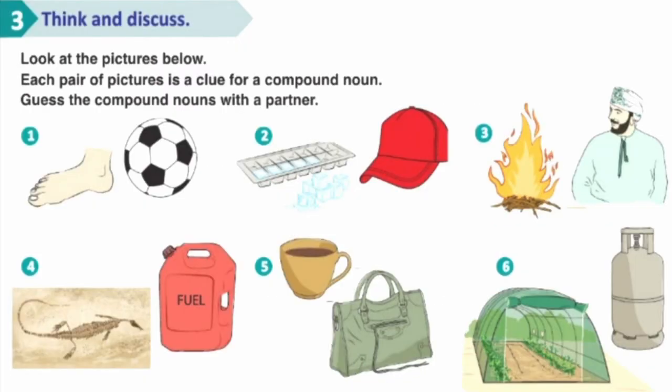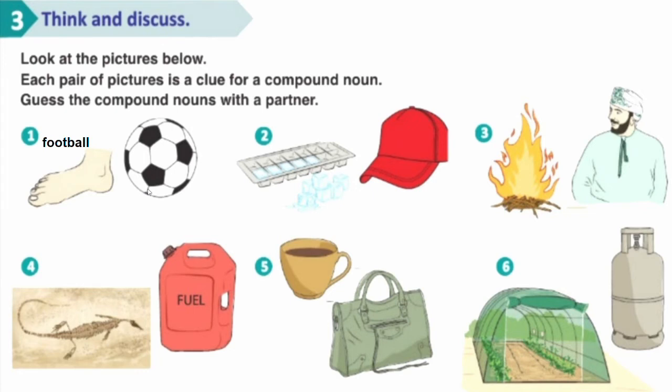Now let's move to this part about compound nouns. Look at the pictures below. Each pair of pictures is a clue for a compound noun. Guess the compound nouns with a partner. I am your partner. Number 1. This is the easiest, I think. Football.